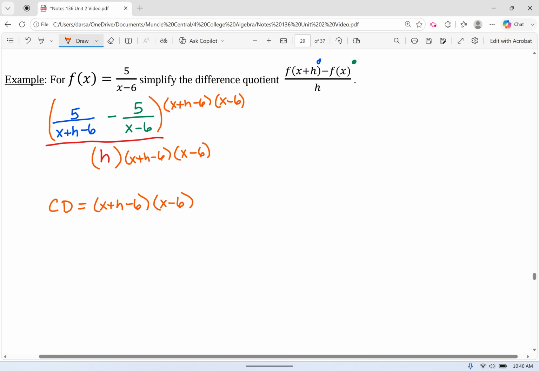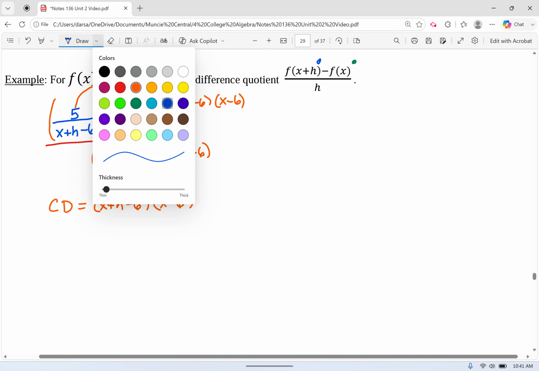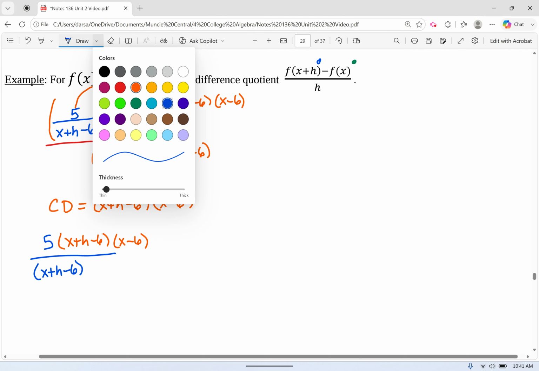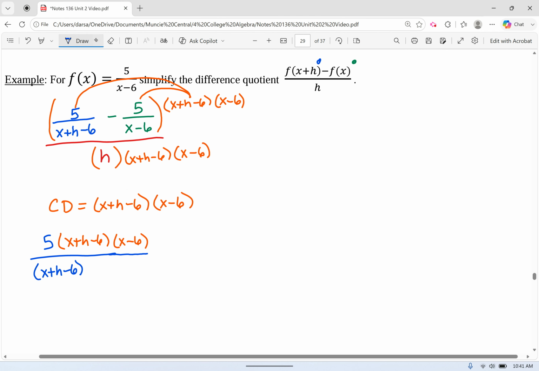So now that we've done this, notice we've got 2 terms in the top of the big fraction. So we need to distribute that common denominator to the top of both of these little fractions. So this is going to get kind of ugly for a second. So we've got 5 over x plus h minus 6, and we have distributed to it that x plus h minus 6 times x minus 6 common denominator. That is the common denominator we distributed to it.